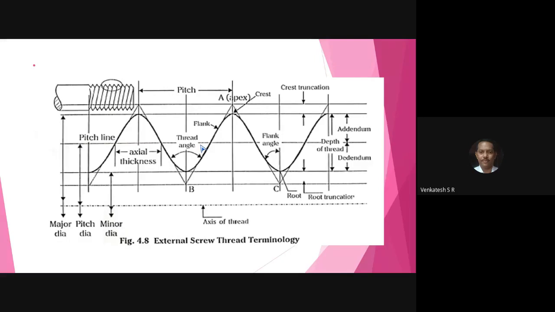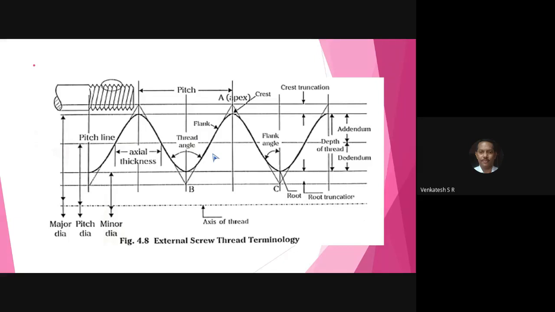The major elements of the thread are major diameter, minor diameter, thread angle, flank, addendum and dedendum. Above the axis of the thread is called addendum, below the axis is called dedendum. And next, very important, the angle: how much angle you can produce on the thread.